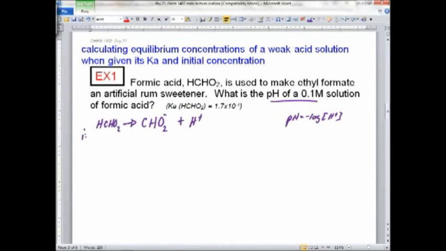Okay, you have to do ICE on this. So what are we going to put in our ICE table? Initial row, Javier, what are you going to put? 0.1 where? The HCHO2. Does everybody agree? Is that the initial concentration of the HCHO2?